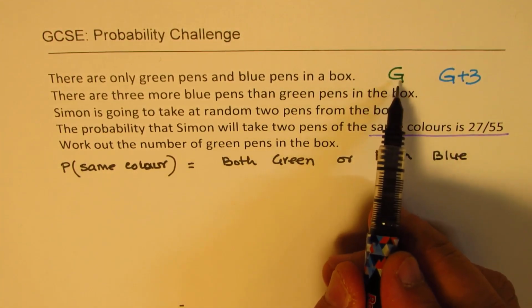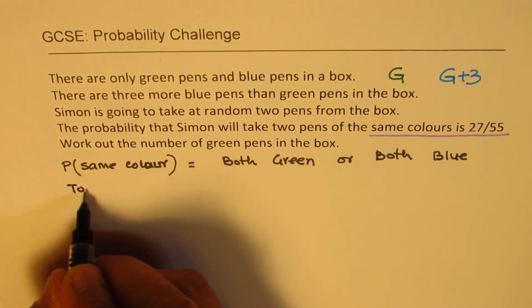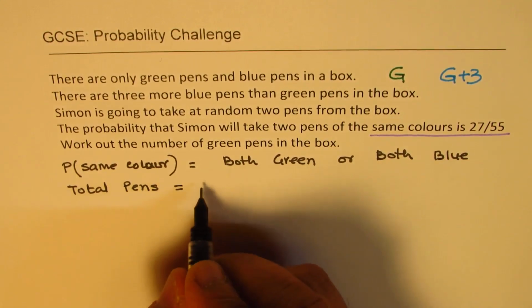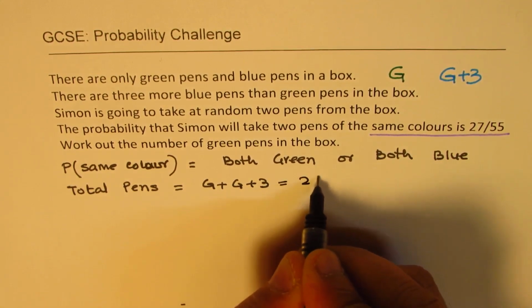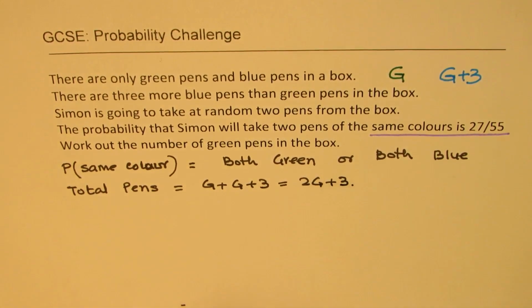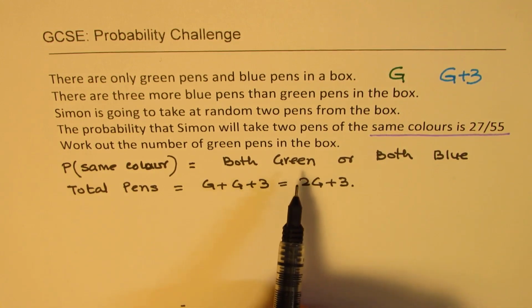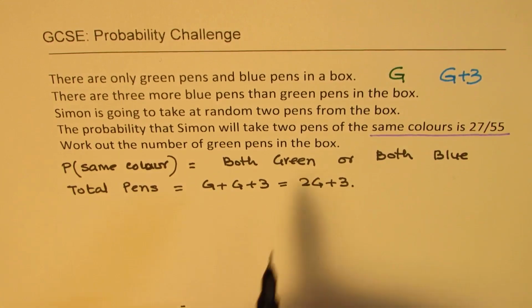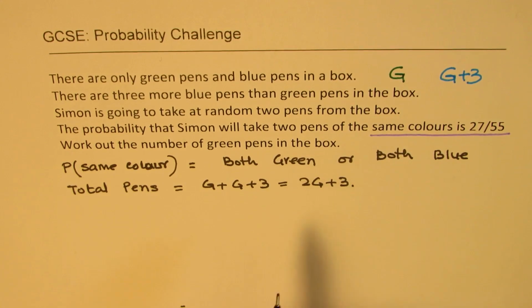So we know number of green pens are G, number of blue pens are G plus 3. Total number of pens are G plus G plus 3, which gives us 2G plus 3. Correct? Now, when we're talking about both green or both blue, let's work out their probabilities, and OR means we have to add them up, right?